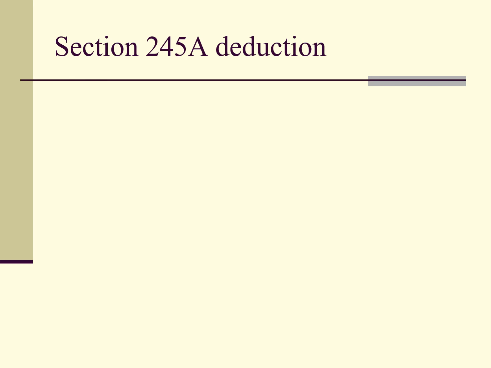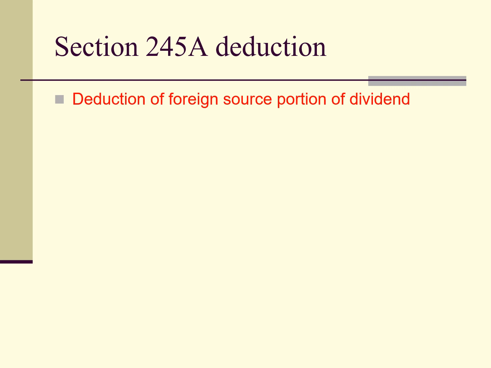Let's discuss the deduction for dividends received from a specified 10% owned foreign corporation. Section 245A provides a U.S. corporation, not an individual, with a deduction for the foreign source portion of dividends received by domestic corporations from specified 10% owned foreign corporations.